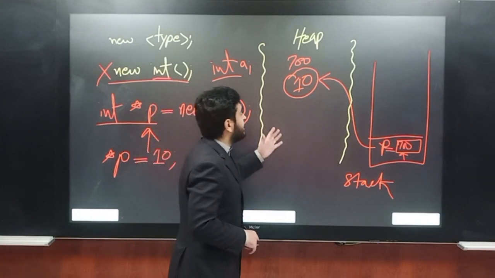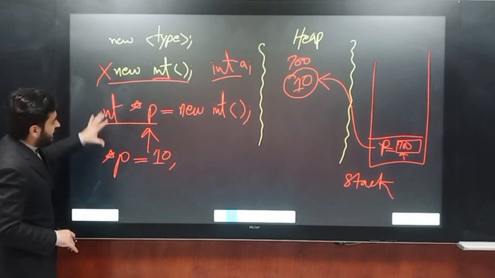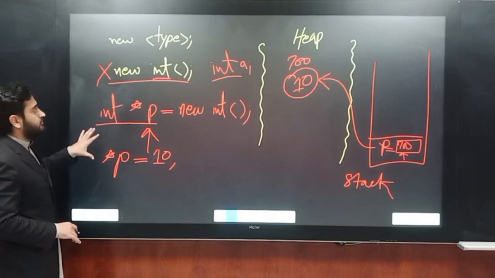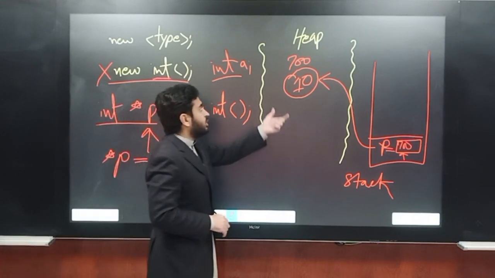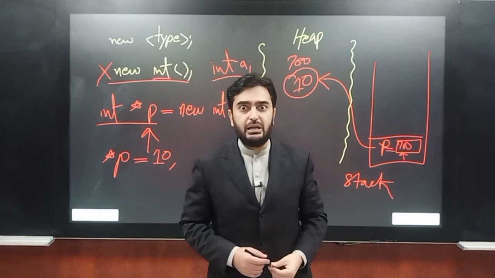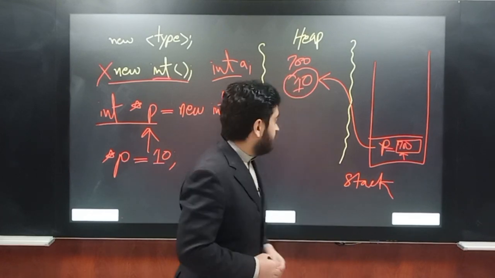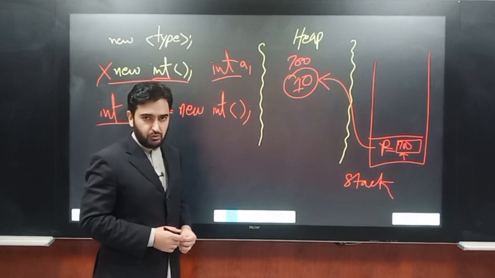While the case for the heap is totally different. Even if your program is stopped or finished, your object in the heap will still reside and live. So this becomes a memory leak.